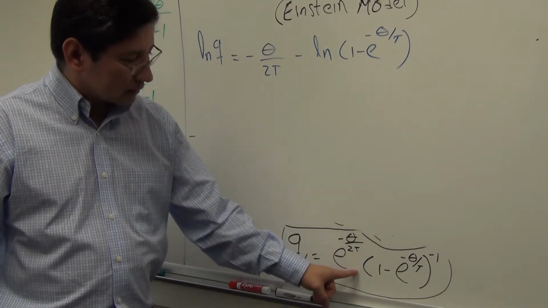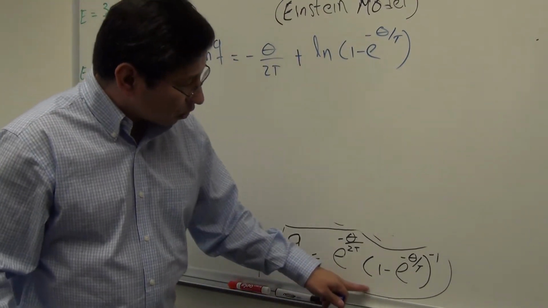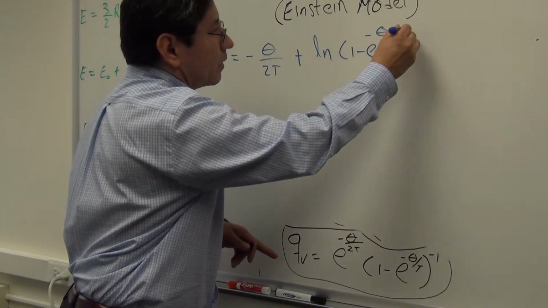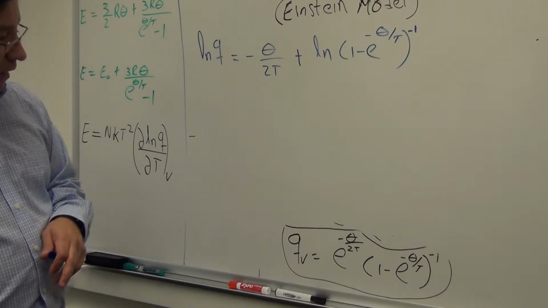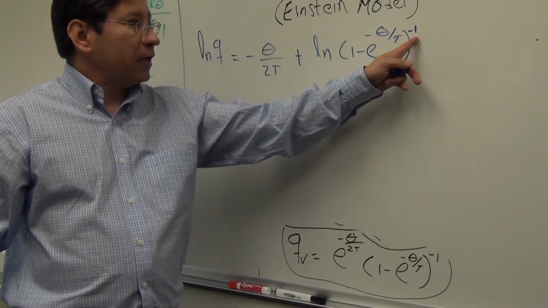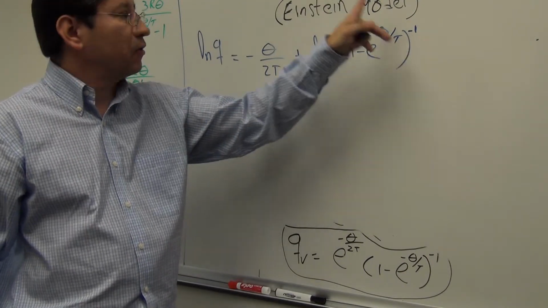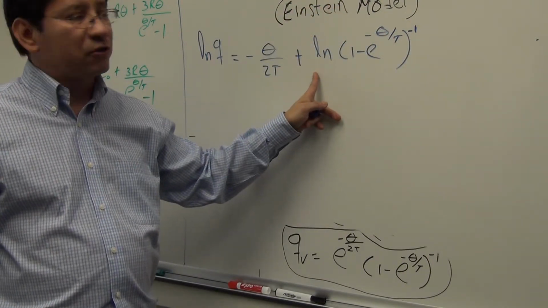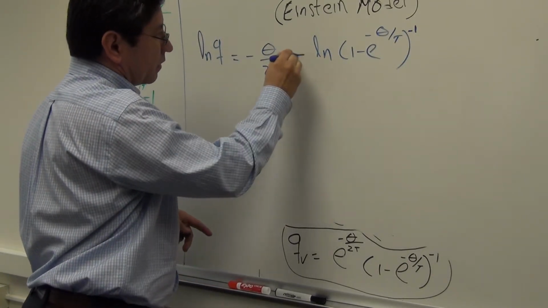Plus the natural log of this whole thing. So I have to put back this negative 1. But as you can see, the exponent in the argument for the log can be used as a coefficient for the natural log. So this negative 1, I can put it actually here.